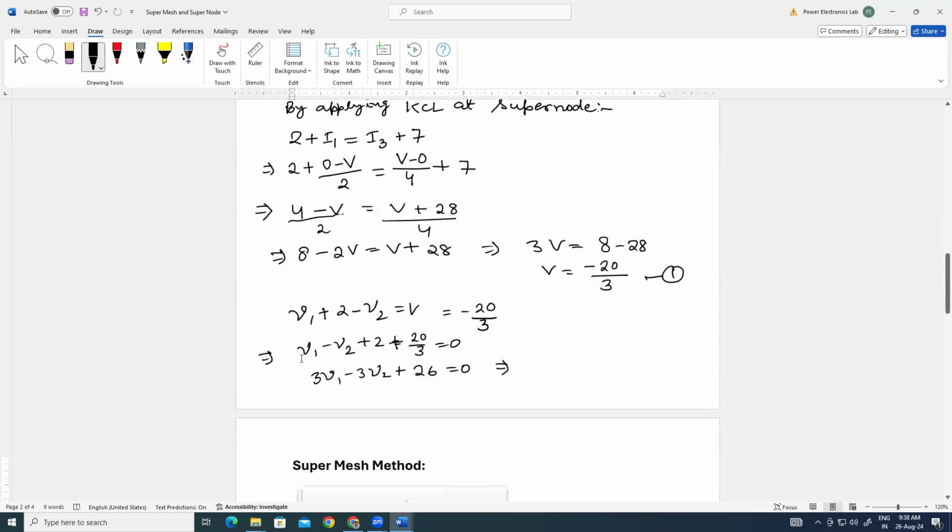V1 minus V2 we have identified, that is V1 minus V2 is equal to minus 26 by 3, or we can write V2 minus V1 is equal to 26 by 3.